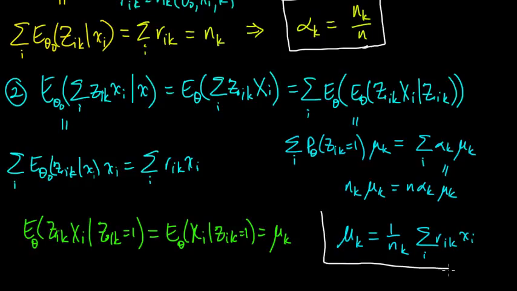All right, so we got one more step down, step 2. And that has a very nice sort of form. This looks actually very much like the k-means algorithm, if you remember what that looked like.